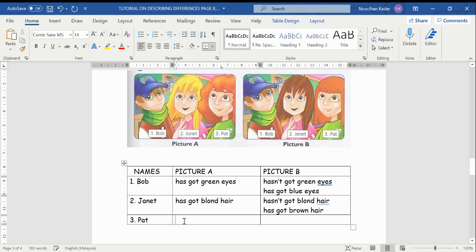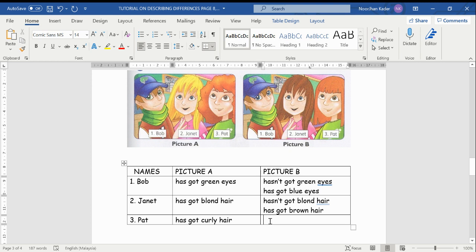Okay, now the third one. Here, Pat. In picture A, Pat has got curly hair. But the correct picture is picture B. So you can see that Pat actually has got straight hair.